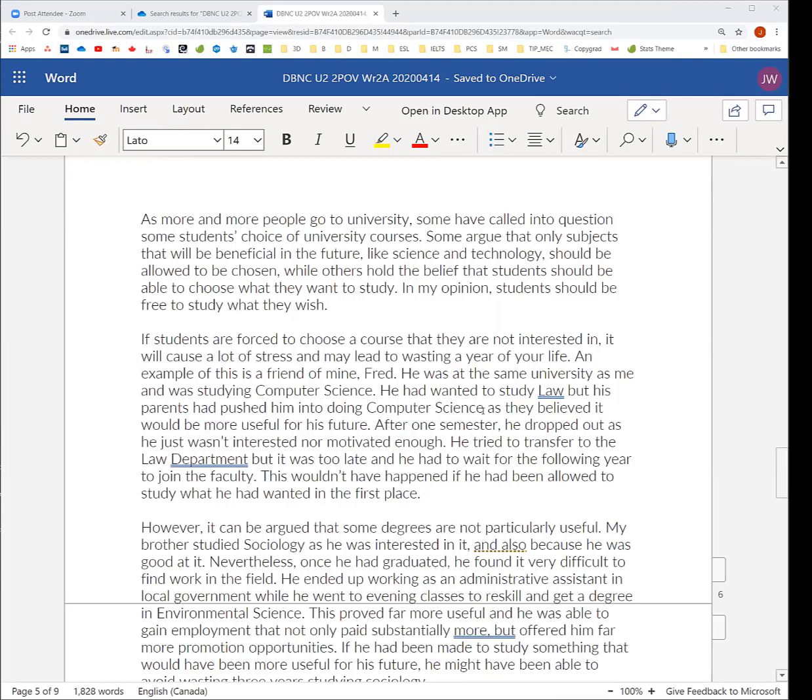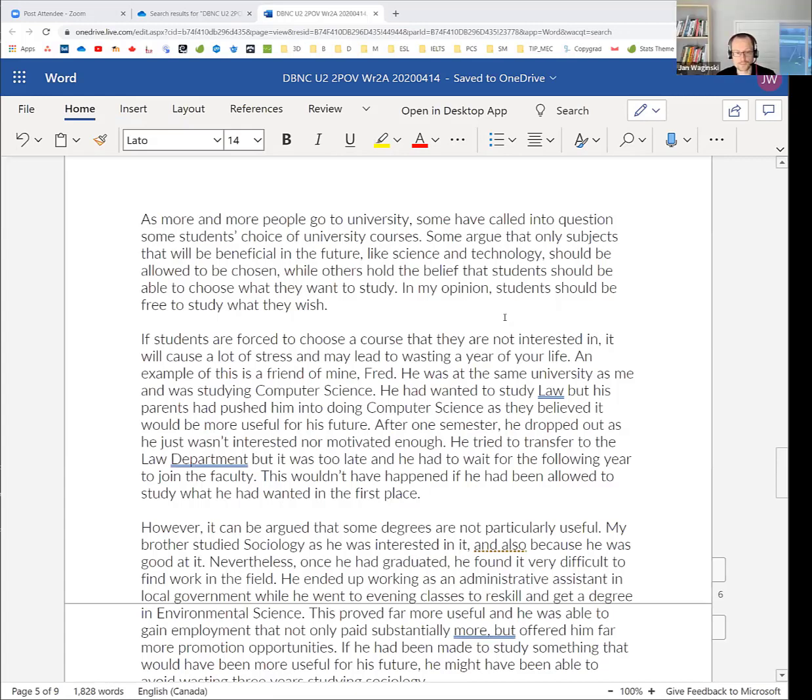Some argue that only subjects that will be beneficial in the future, like science and technology, should be allowed to be chosen, while others hold the belief that the students should be able to choose what they want to study. In my opinion, students should be free to study what they wish.